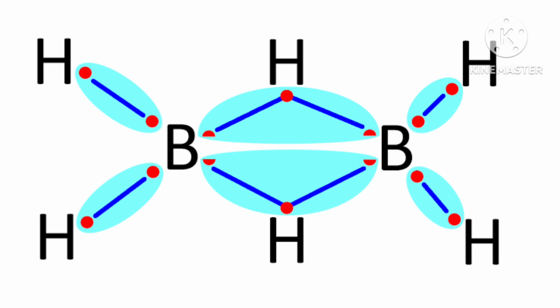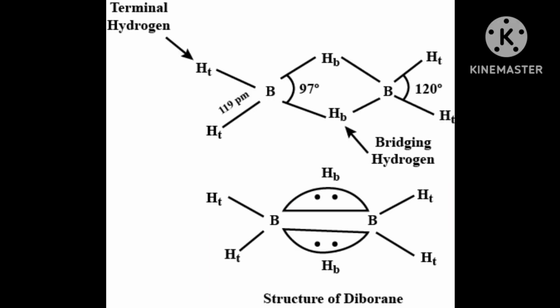Boron has two isotopes, boron 10 and boron 11. Now I am talking about boron 10. The boron 10 isotope has a high ability to absorb neutrons, and therefore metal borides are used in the nuclear industry, where nuclear reactions are going on.